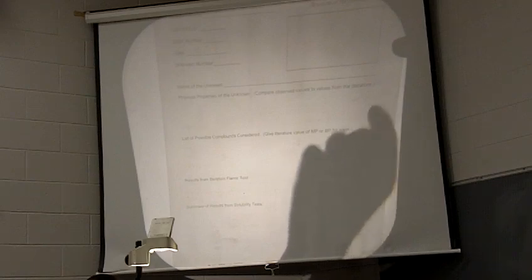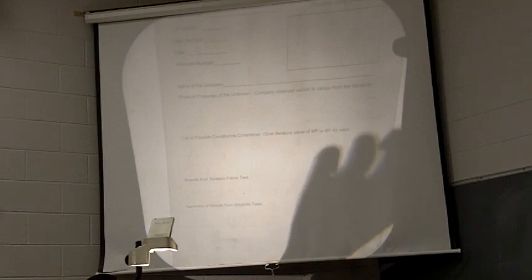One note as far as sulfuric acid that I forgot to mention, if it reacts with sulfuric acid, then you count that as a positive solubility test, okay? So if it changes color with the sulfuric acid, then you count that as a positive solubility test. Okay, there's 2 pages to it, so don't forget the back side, okay?